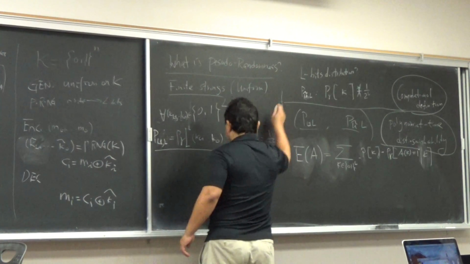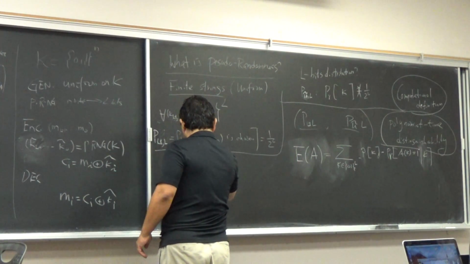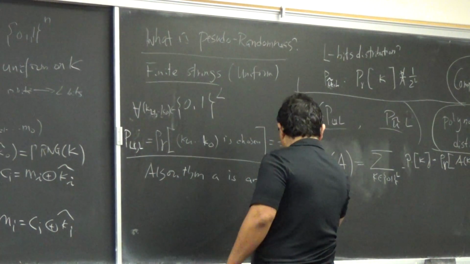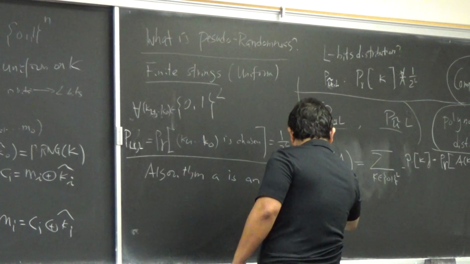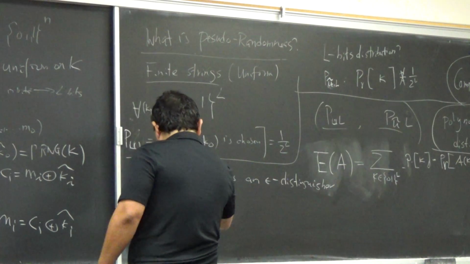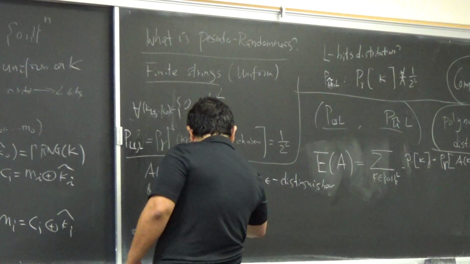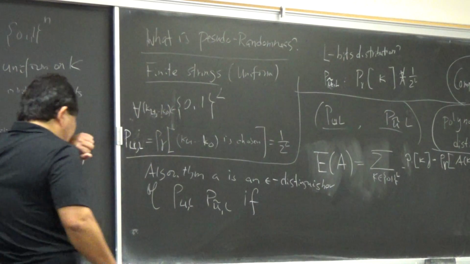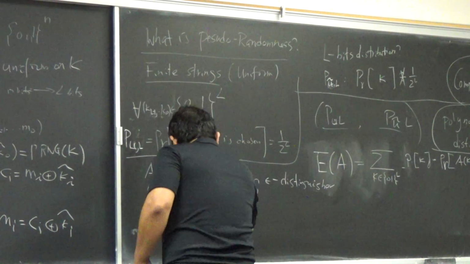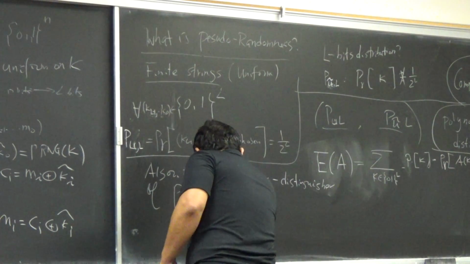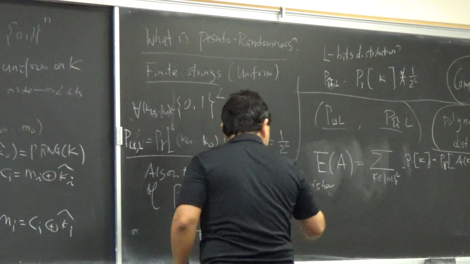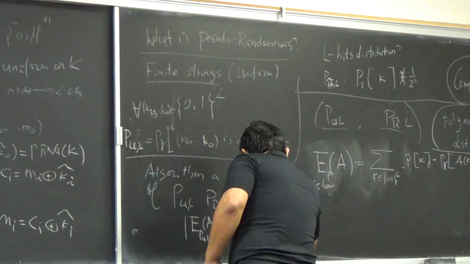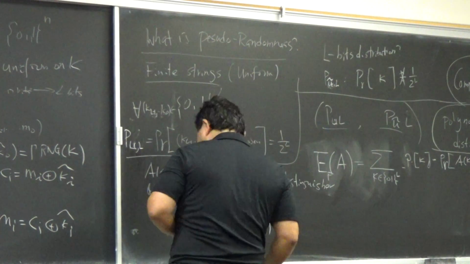I say algorithm A is an epsilon distinguisher of, in this particular case, P_U_L and P_Ũ_L, if the expected value of A running on P_U_L minus that on P_Ũ_L is at least epsilon.